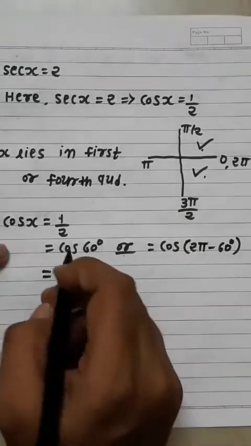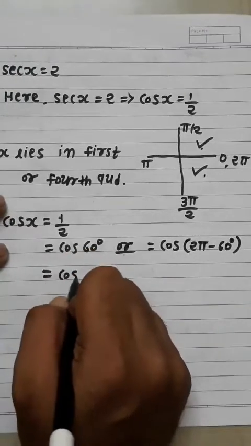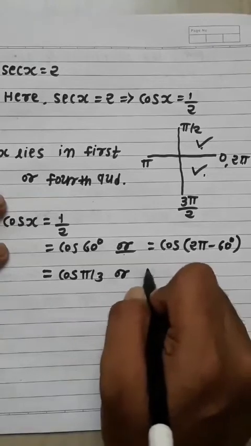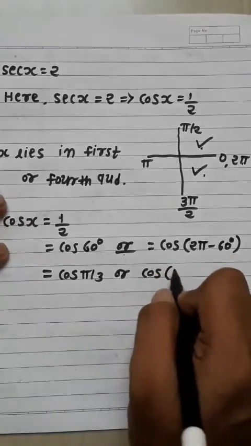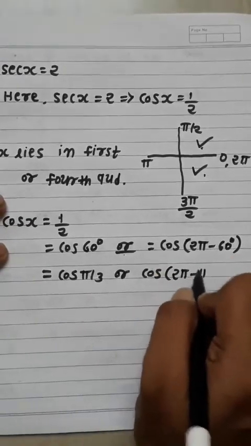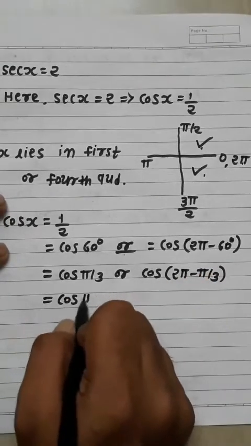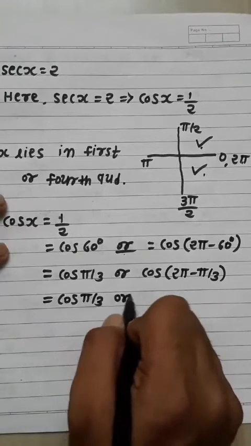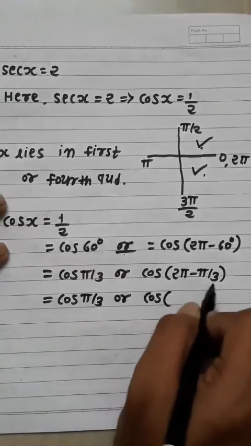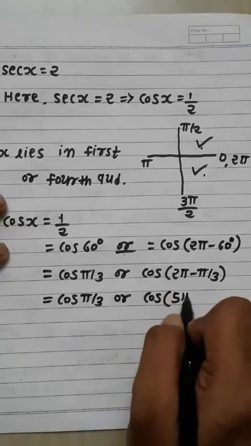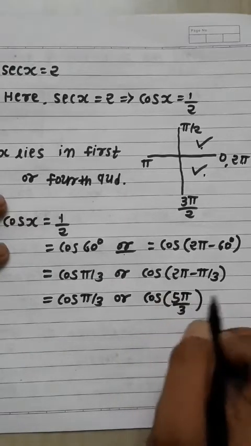Now 60 degree means pi by 3, so cos pi by 3 or cos of (2 pi minus pi by 3). Take LCM, so the other value we get is cos 5 pi by 3.